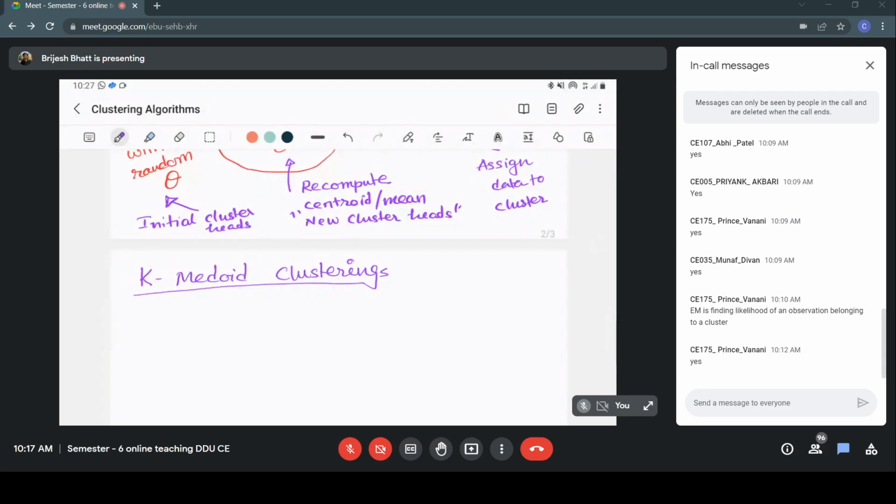So as the name suggests, instead of finding the mean, we calculate the medoid here.